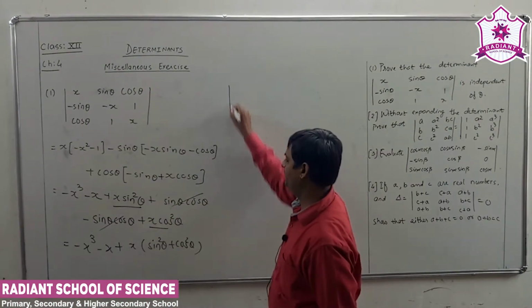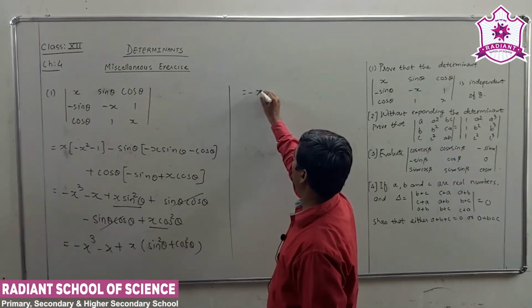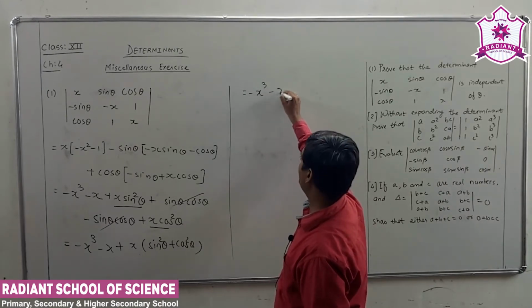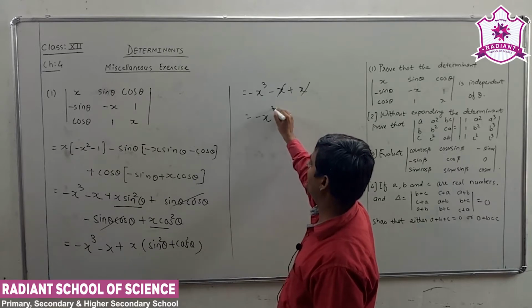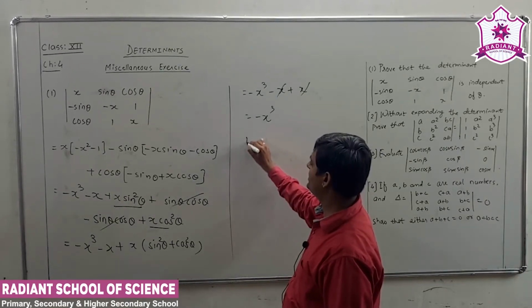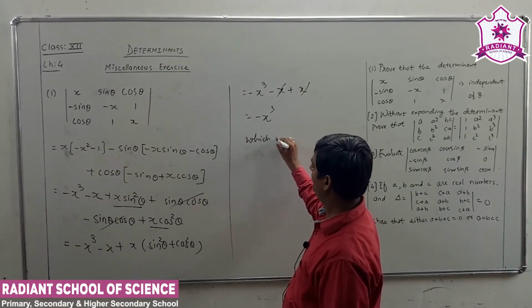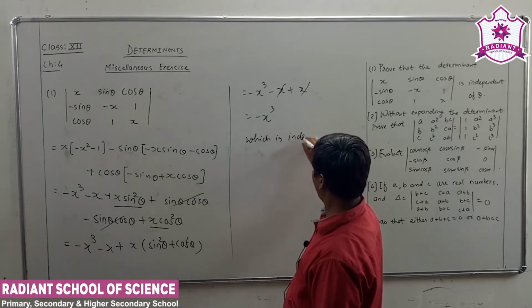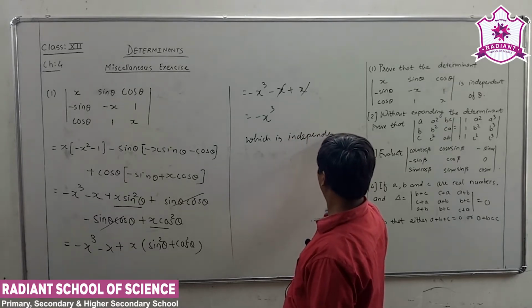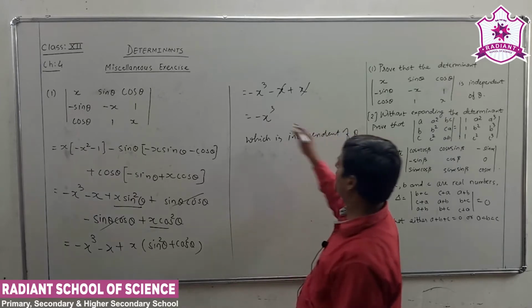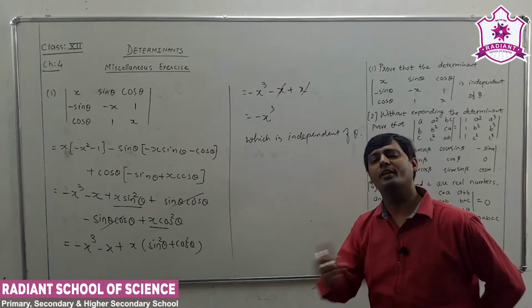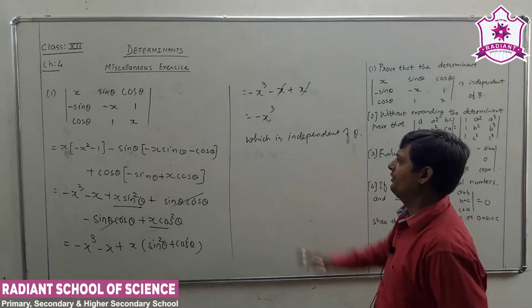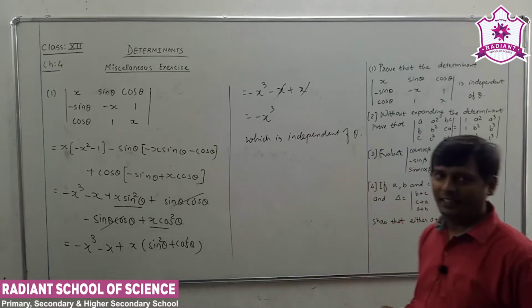So we get minus x cube minus x plus x, which is equal to minus x cube, which is the result, independent of theta. कोई भी थीटा टर्म्स बचा नहीं है कि आपको उसकी वैल्यू देखनी पड़े, सोचनी पड़े. So the first one is clear, understand?